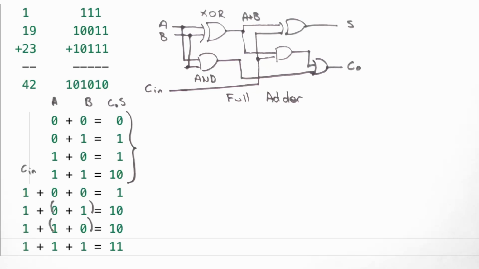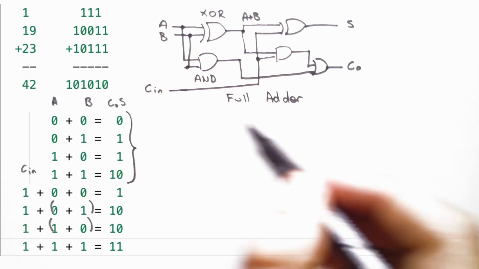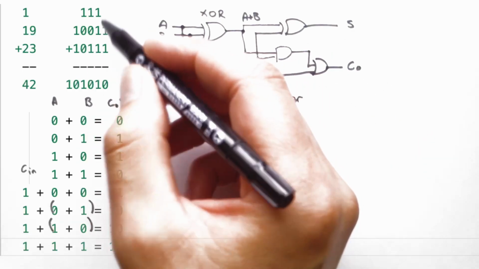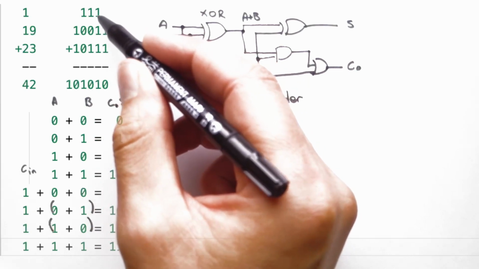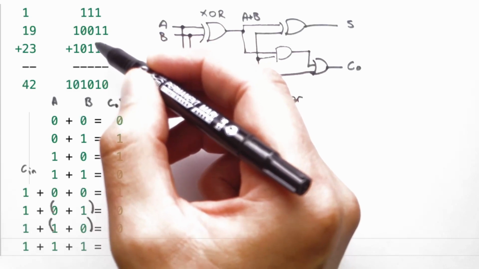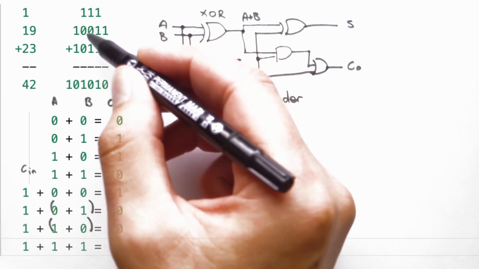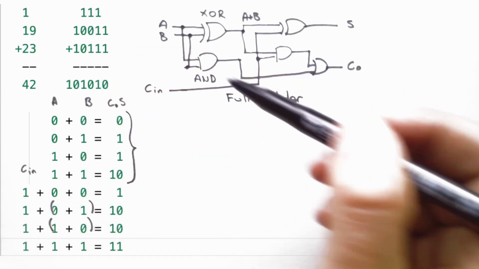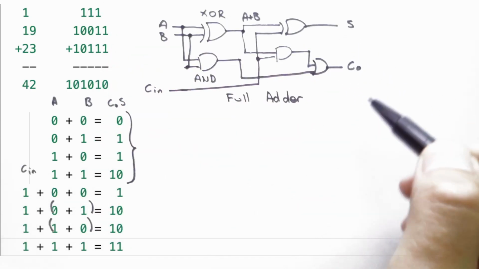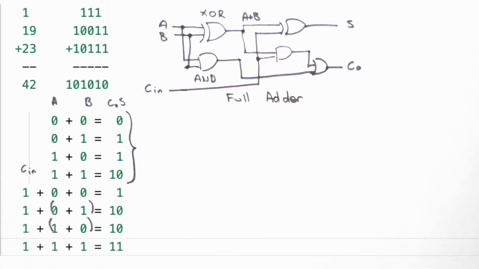And the way we can do that is by taking this carry out and feeding it in. Notice that when we add the numbers here, the carry out from this feeds into the next addition, and then we add these numbers, and the carry out then feeds into the next. We add these, the carry out feeds into the next. So if we have multiple full adders, we can take the carry out from one and feed it into the carry in of the next.